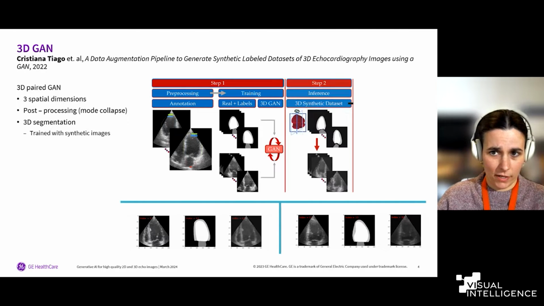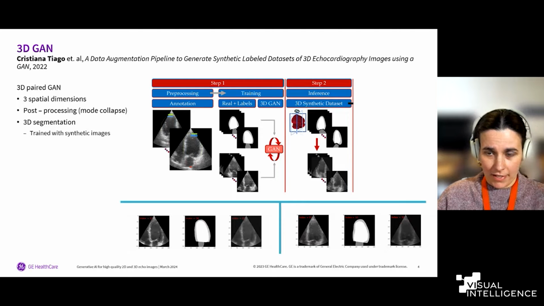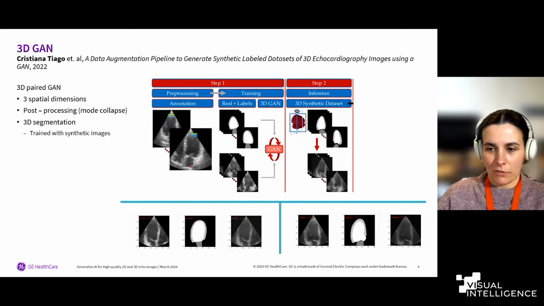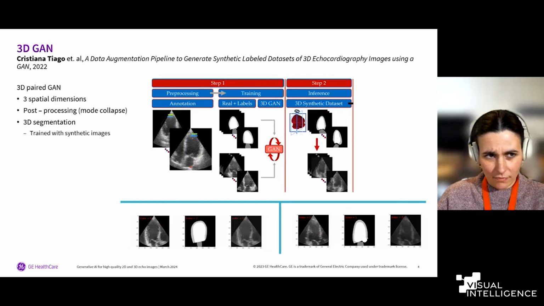And after that, we created a synthetic data set where we used cardiac models from CT. So we used those 3D models to extract the anatomical labels from them, and then we generated synthetic images.